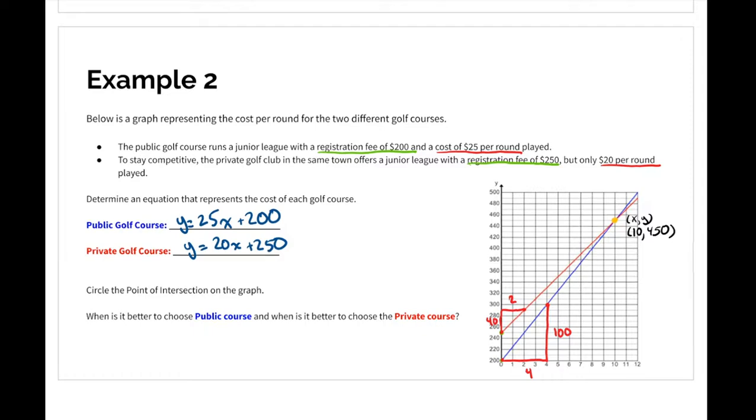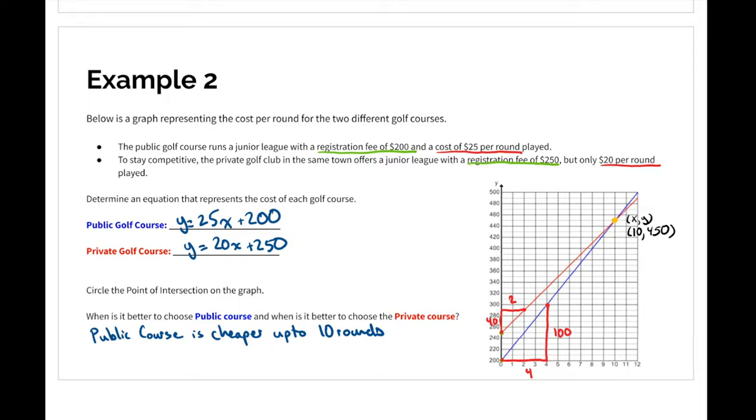So the next question is, when is it better to choose a public golf course and when is it better to choose the private course? Well, the public course is cheaper up to 10 rounds. Because we can see up to 10 on the x-axis, it is the lower line.